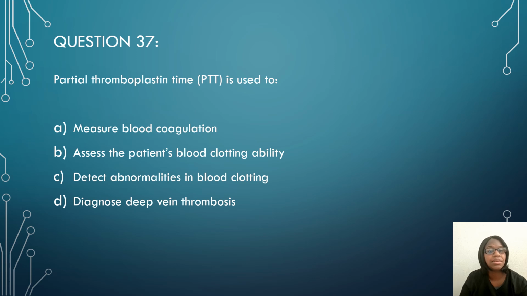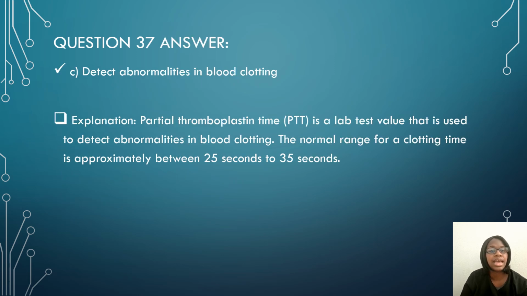Question 37. PTT is used to do what? Why is it used? Detect abnormalities in blood clotting.